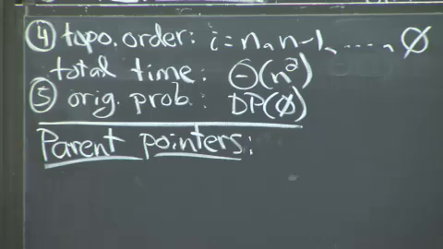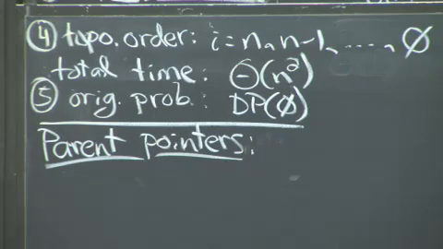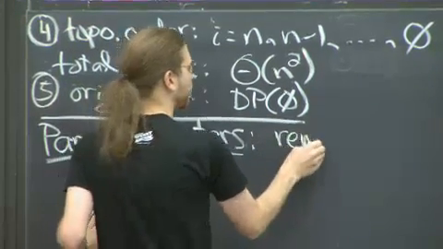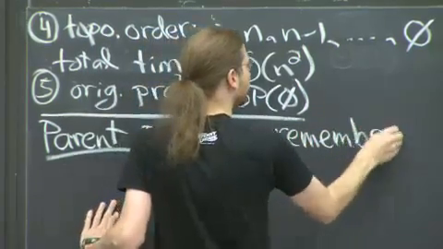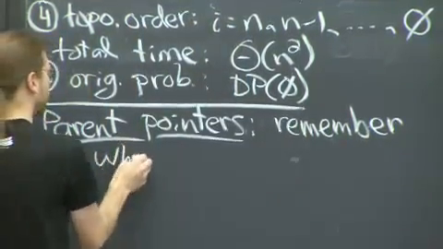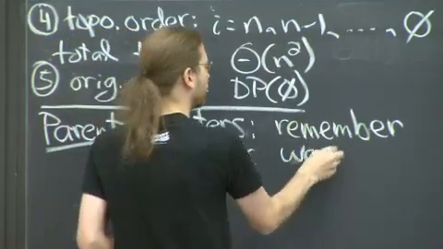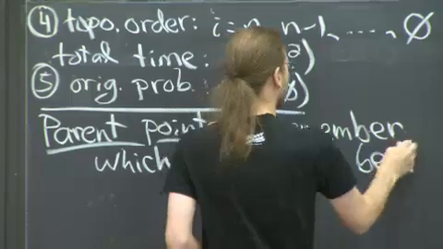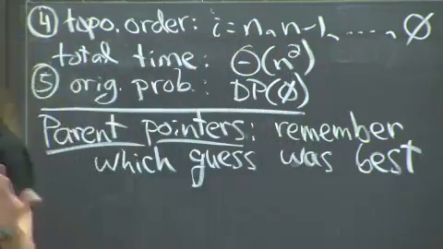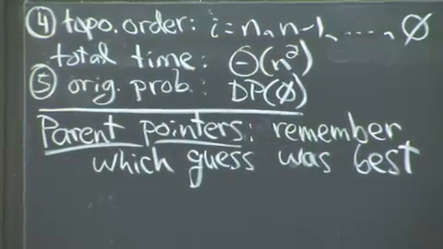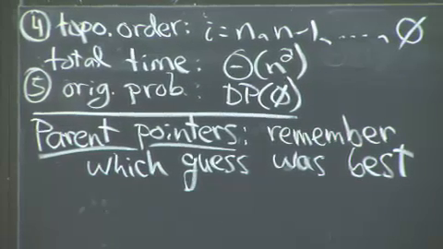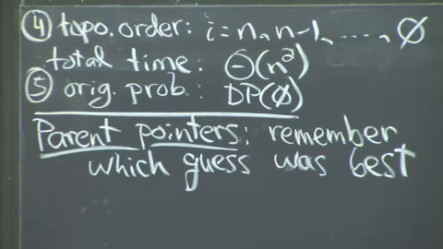The idea with parent pointers is just remember which guess was best. It's a very simple idea, but it applies to all dynamic programs and lets you find the actual solution, not just the cost of the solution. And we did the same thing with shortest paths. We even called them parent.